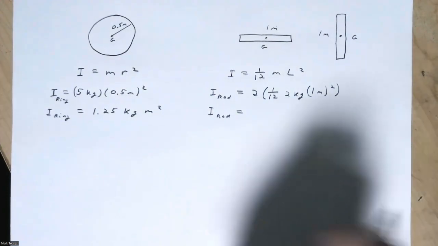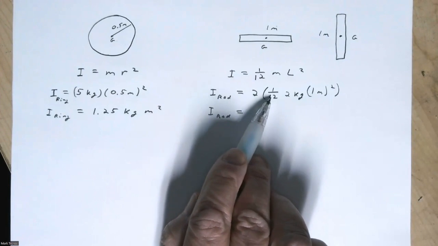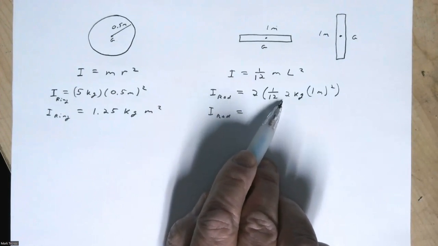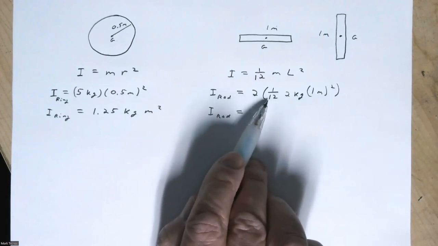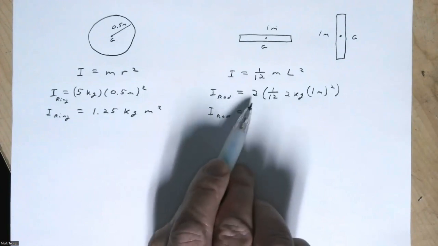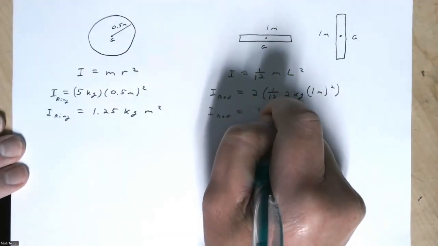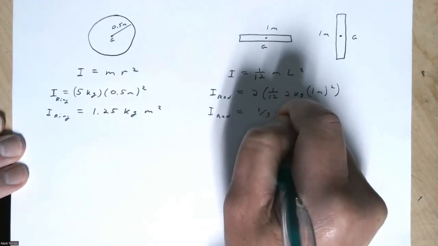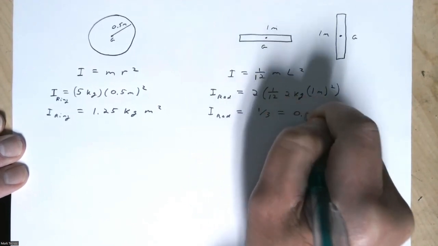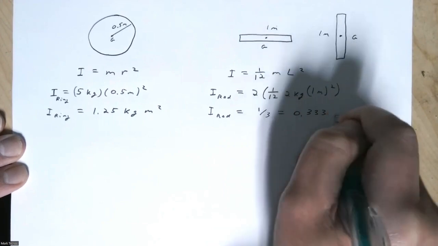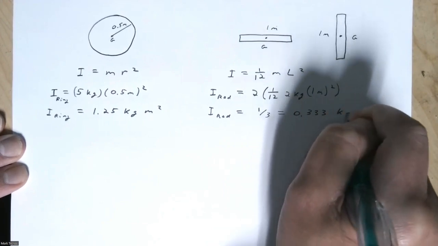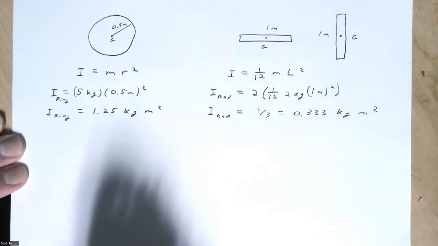And so this ends up being 2/6, or 1/3, or 0.333 kilogram meters squared.